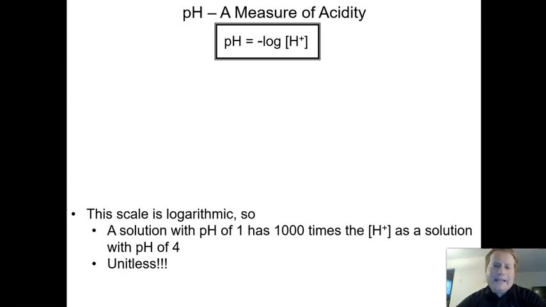This is the negative logarithm. The logarithm portion is what we're going to be using, log base 10. When you apply a logarithm to an H plus concentration, it's going to just take the power of 10 and give you that number.